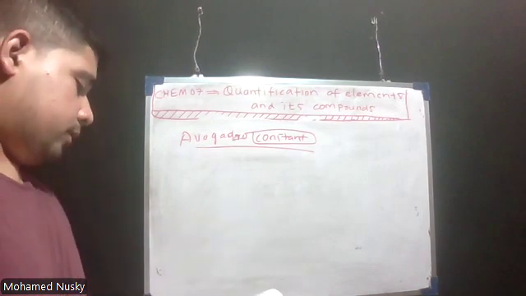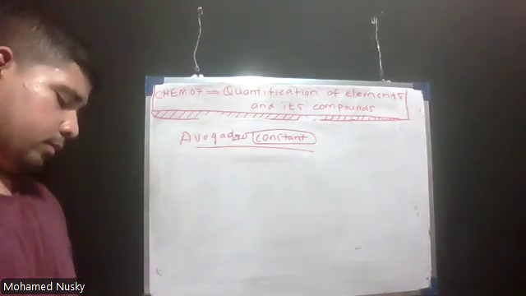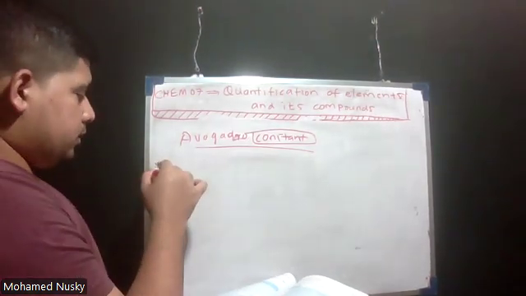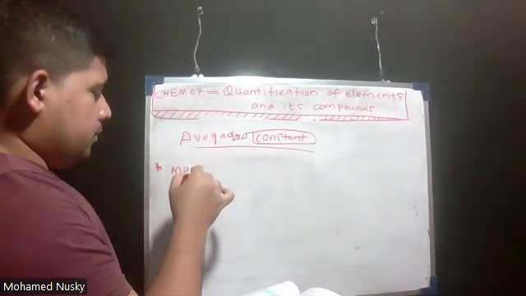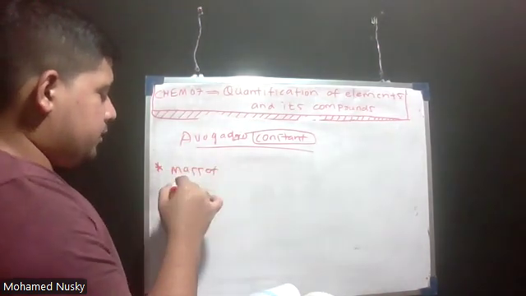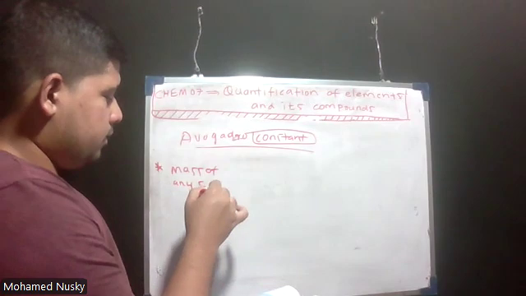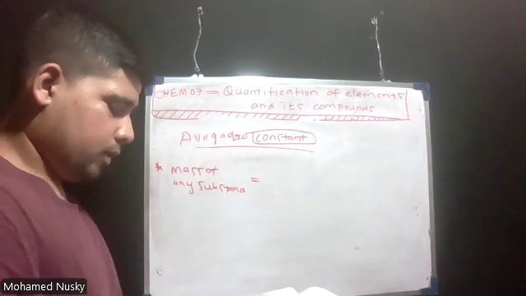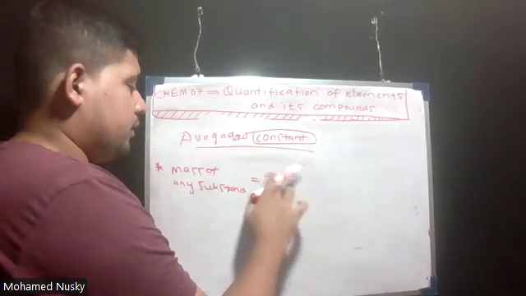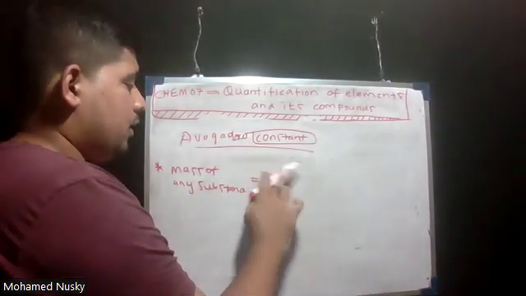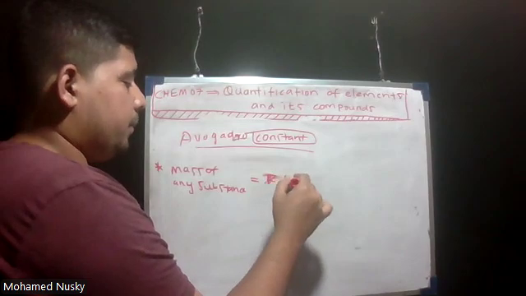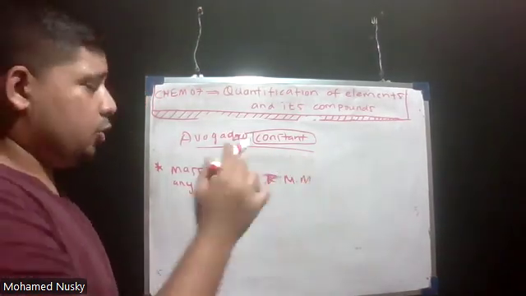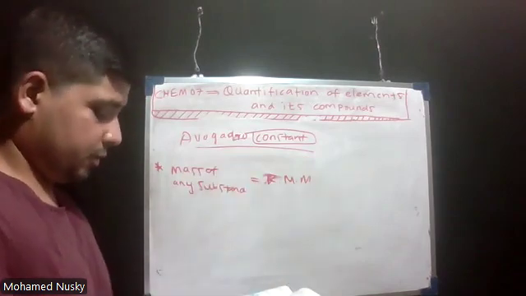See the definition. When a mass of any substance equal to its relative molecular mass, that is relative molecular mass, you cannot write RMM like that. You should write the full term in the examination.